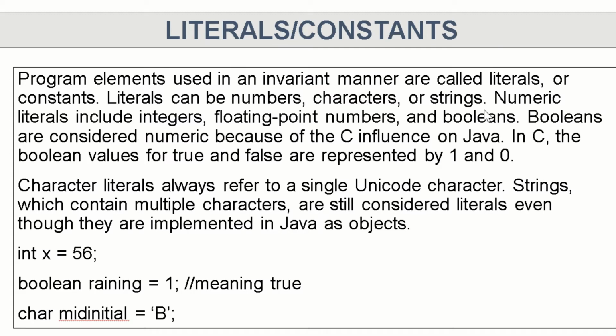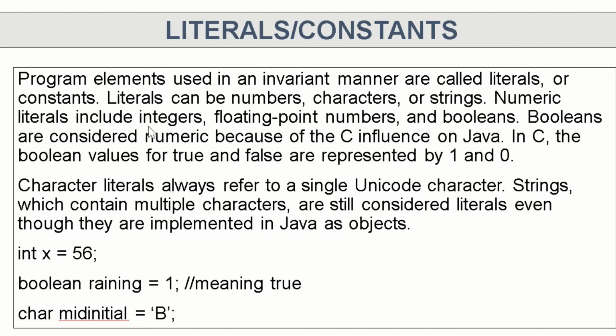Meaning if a part of your program has only one value from the start of the program up to the end of its part, then that kind of declaration is classified as literals or constants.